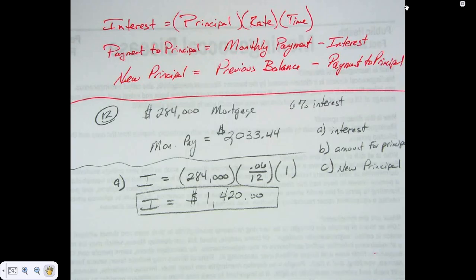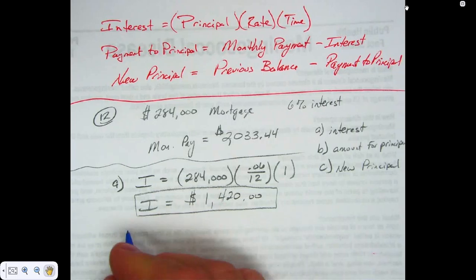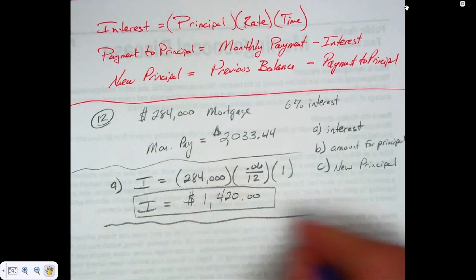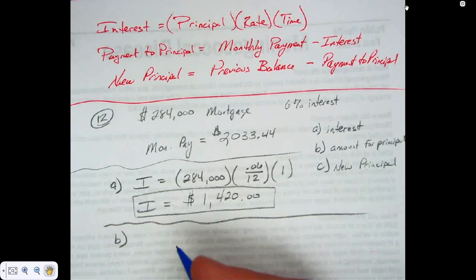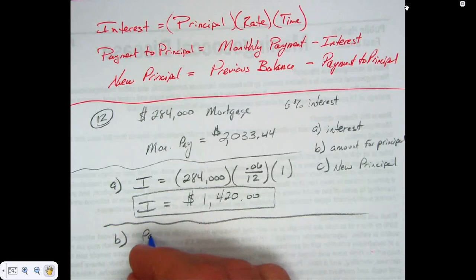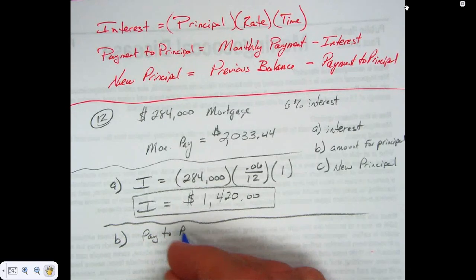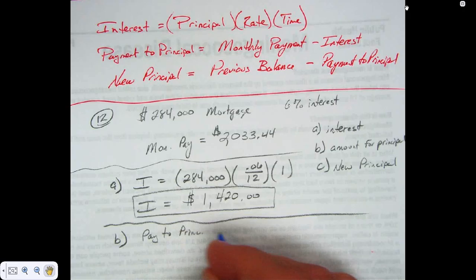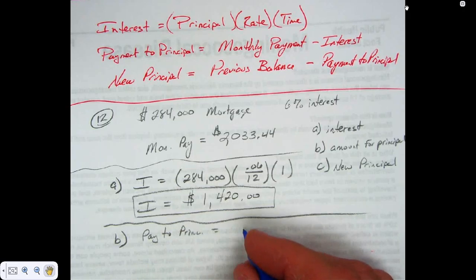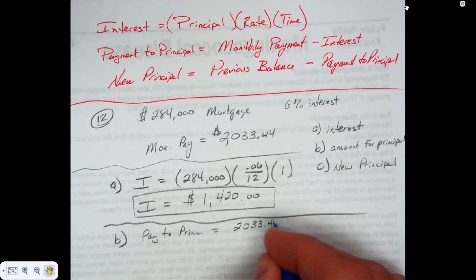So, of that, part B, how much are we paying to principal? Well, we get that as we say, okay, our monthly payment is $2,033.44.